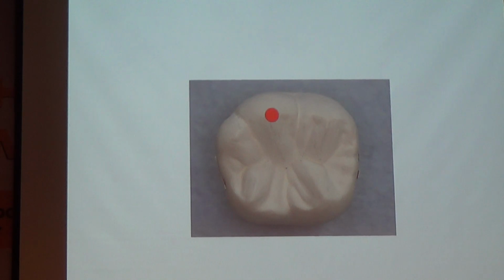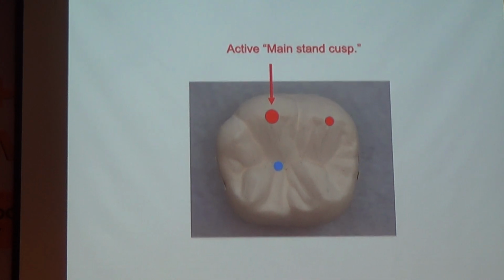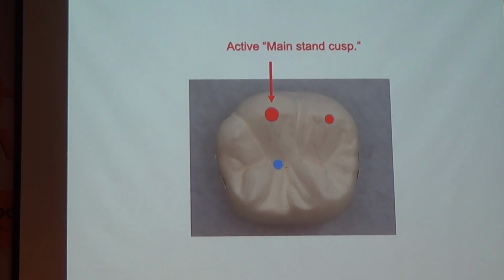So, this one is the lower molar, right? Răng sáu hàm dưới, răng cối hàm dưới. This is the anterior main stem cusp, right here, là múi chịu. And here is where the upper palatal cusp lays on the lower molar.